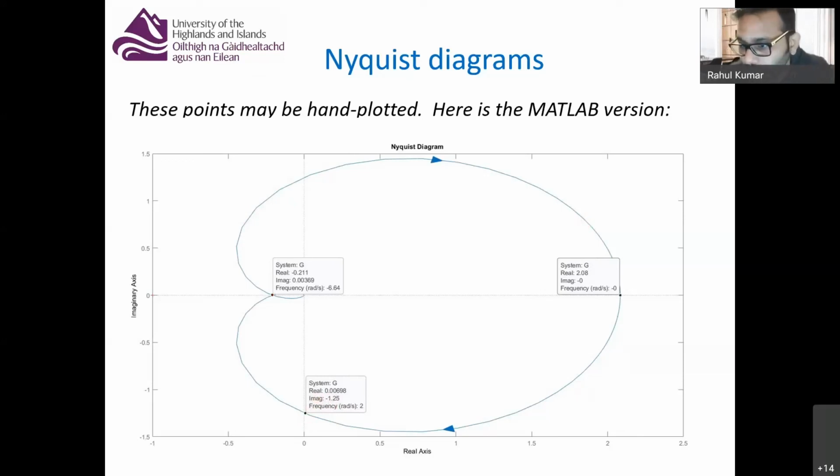This is quite similar to what we have calculated, and the frequency is 2 radians per second.